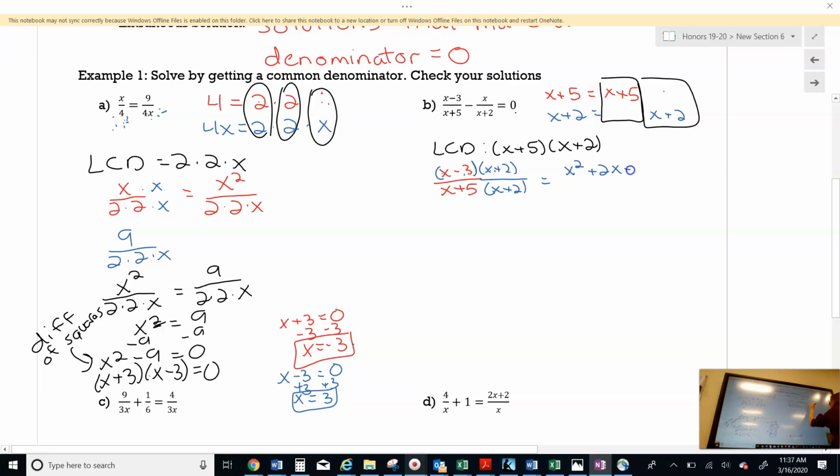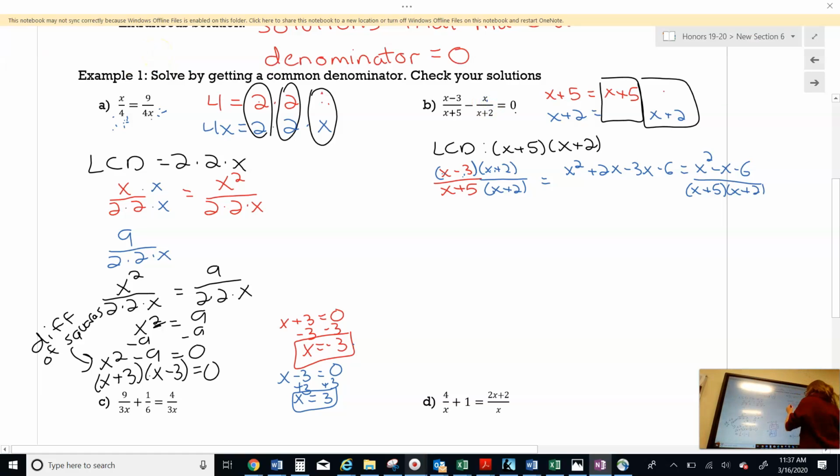Negative 3 times x is minus 3x. And then minus 6, which is x squared minus x minus 6 over our denominator. Okay. So we have x squared minus x minus 6 over x plus 5, x plus 2.